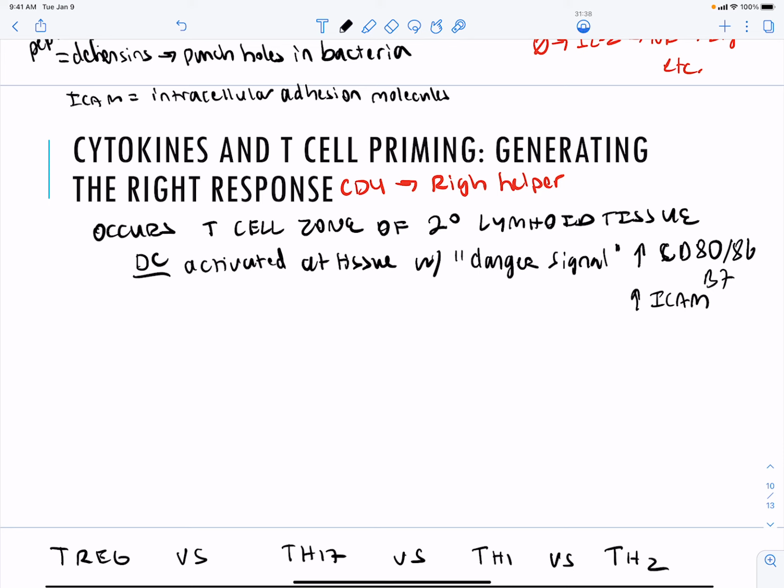And ICAM1, remember, is on our white blood cells. ICAM2 can be on your endothelial cells. VCAM is vascular cell adhesion molecule.